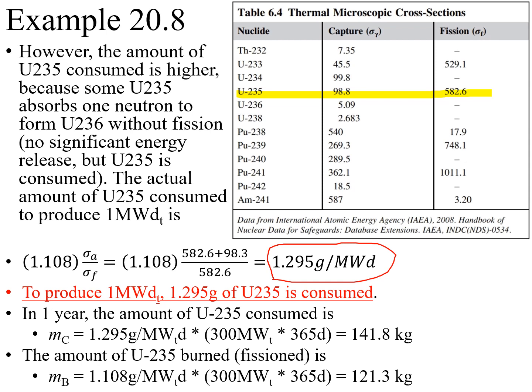The book uses the word consumed, that is, the total amount of the 235 that disappeared inside your reactor. If it asks for something that is burned, it means we only consider the fission reaction, only the uranium-235 that is fissioned.